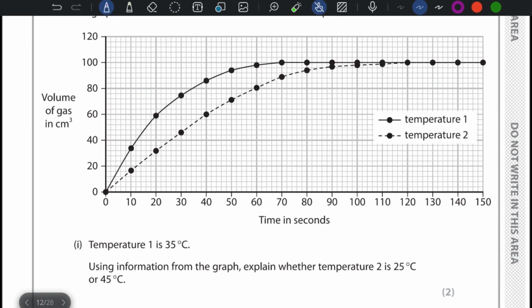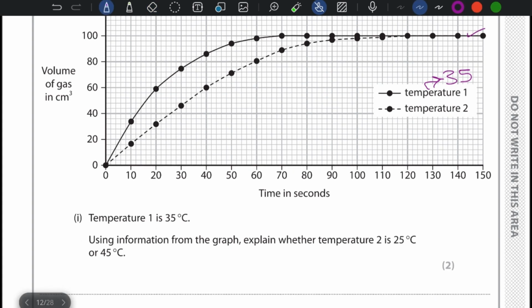He mentions that temperature 1 is 35. Temperature 1 is the solid line. So, temperature 2. Let's check temperature 2. Using the information from the graph, explain whether temperature 2 is 25 or 45.